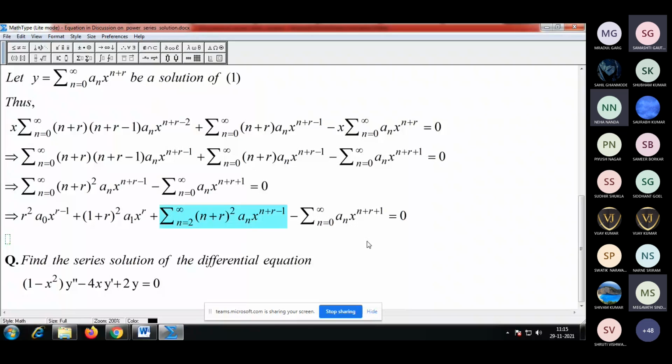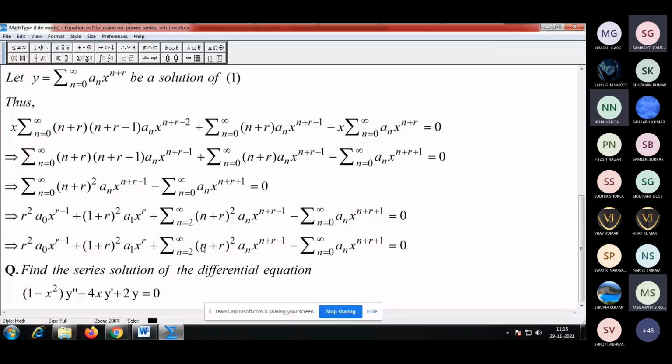Now both summations start from r plus 1, but we can't add them because the initial points are not the same. To make them the same, in the first summation we replace n by n plus 2, so n plus 2 plus r minus 1 means n plus r plus 1, and n goes from 0 to infinity.